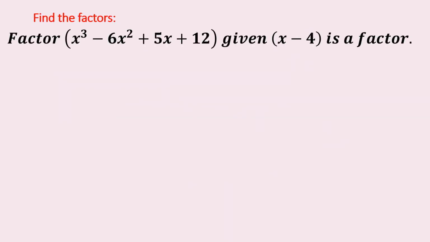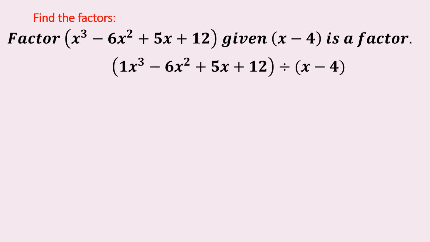These next two problems are all synthetic division problems. They're just asking the question in slightly different ways. So first off, it's saying factor this polynomial given that x minus 4 is a factor. So we rewrite it. It already has the minus there this time, so we don't have to change it, which means that this 4 is the number that we're going to put on the outside. Okay, so we want those coefficients and that 4.